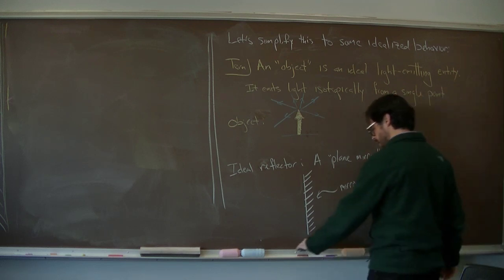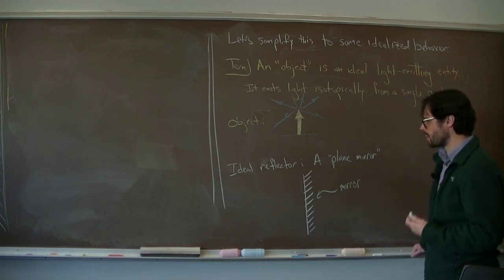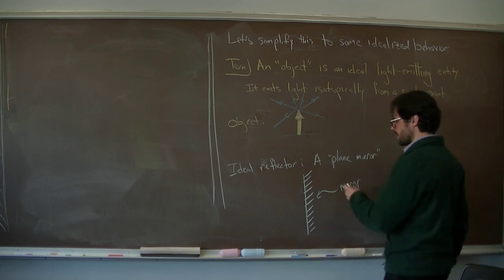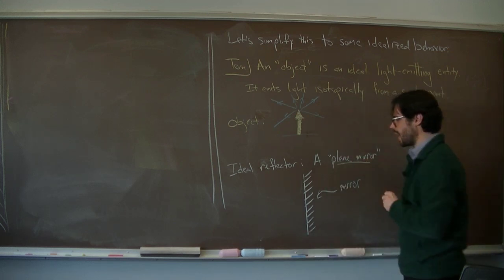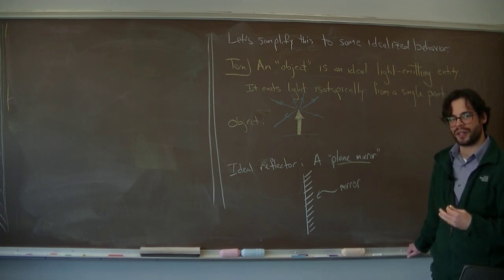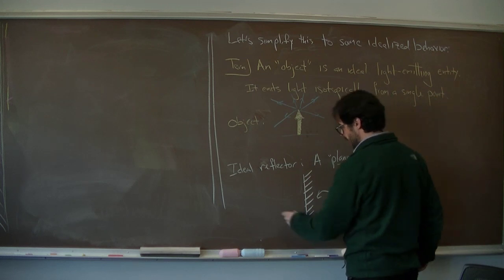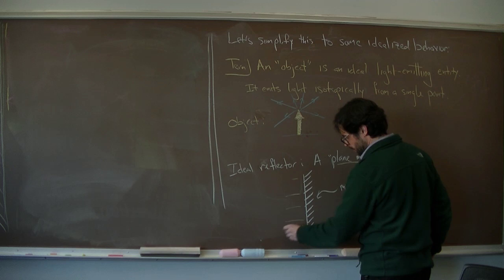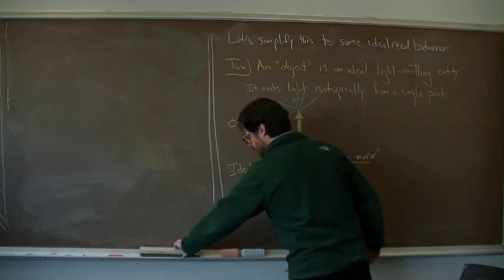Now eventually we'll talk about walls and mirrors, but to start with, we'll come up with an ideal reflector. So an ideal reflector is a plane mirror. And a plane mirror means it's perfectly flat. There's not a single defect on its surface, no bumps, nothing. And what happens is any light ray that comes in has the same angle with respect to the normal as any other light ray that comes in, provided it's got the same angle of incidence.